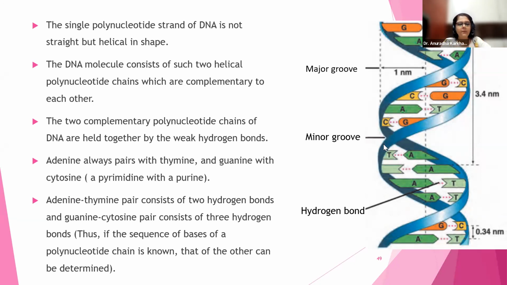So if here there is a chain like this, as you can see over here, see here it is A, so here is going to be T. Here it is G, so here is going to be C. Here it is T, so here is going to be A. So this is the way you can determine the complementarity, because A will always pair with T and G will always pair with C, and vice versa, of course. Any difficulty in understanding these?